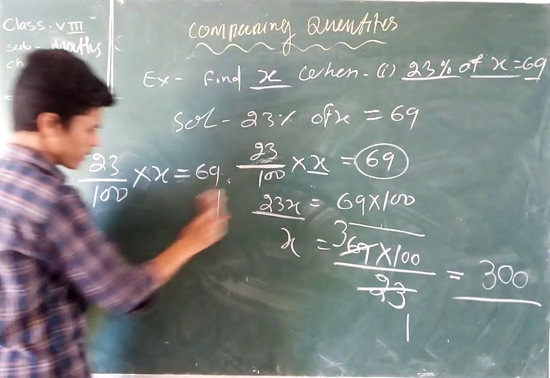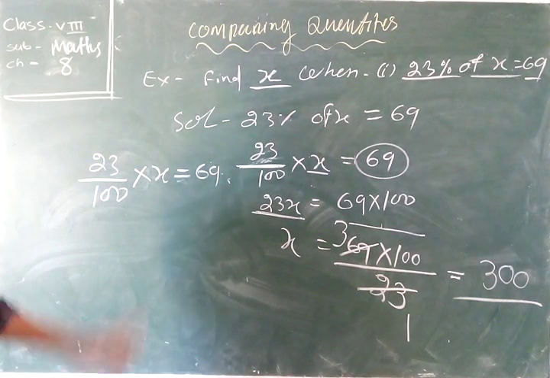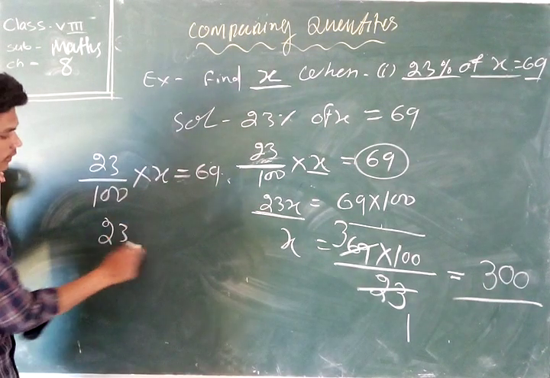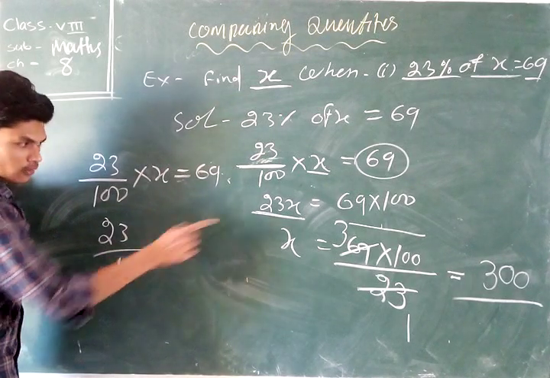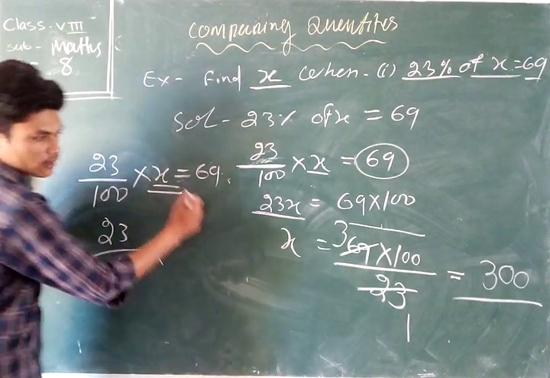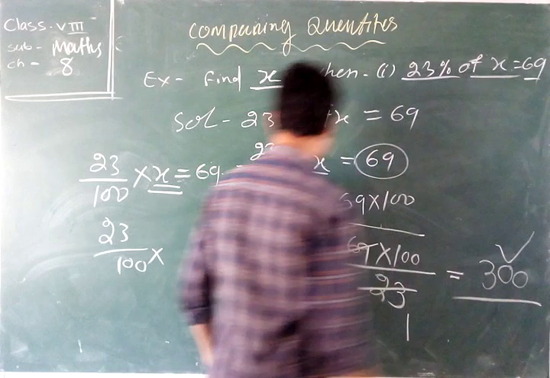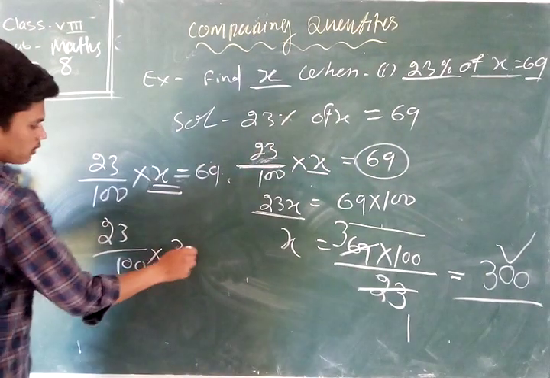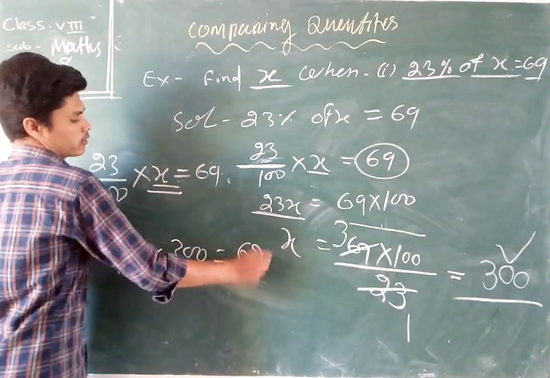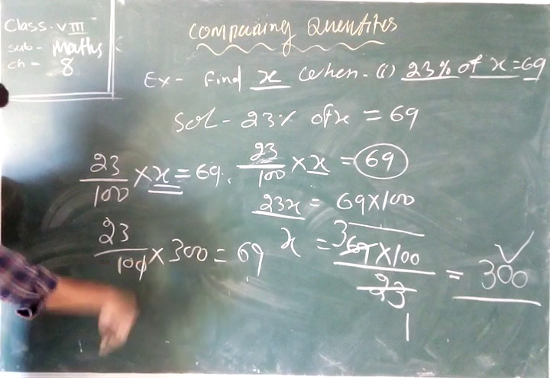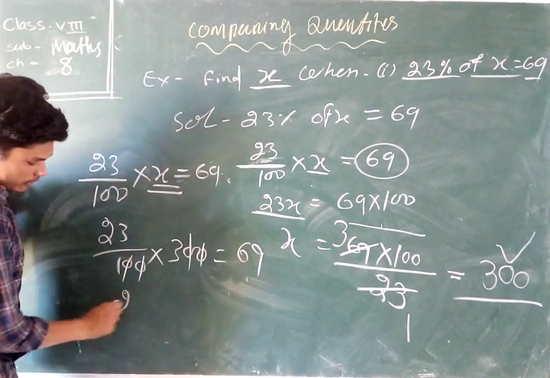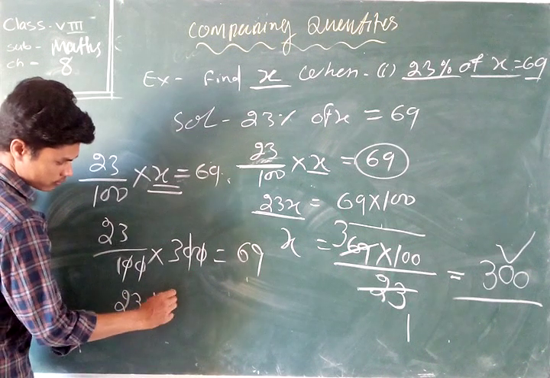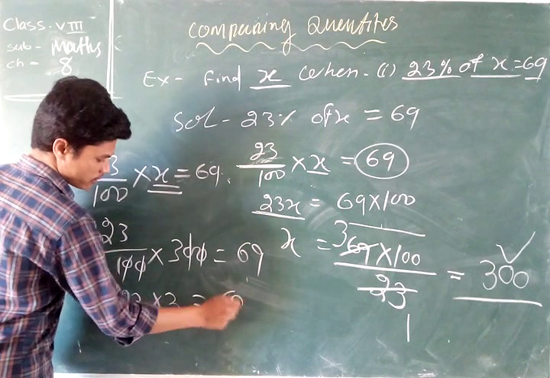So we verify it again. 23 by 100 into the value of x, which we found is 300, should equal 69. The zeros cancel, and we multiply 23 into 3 equals 69.